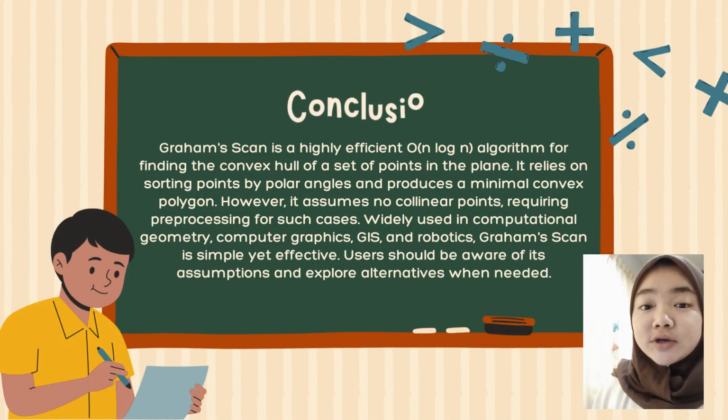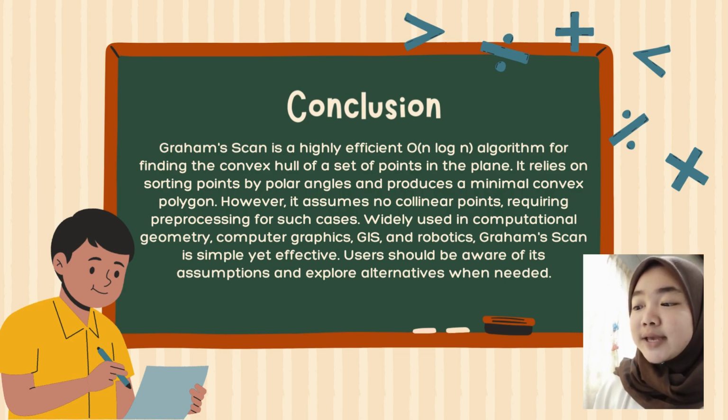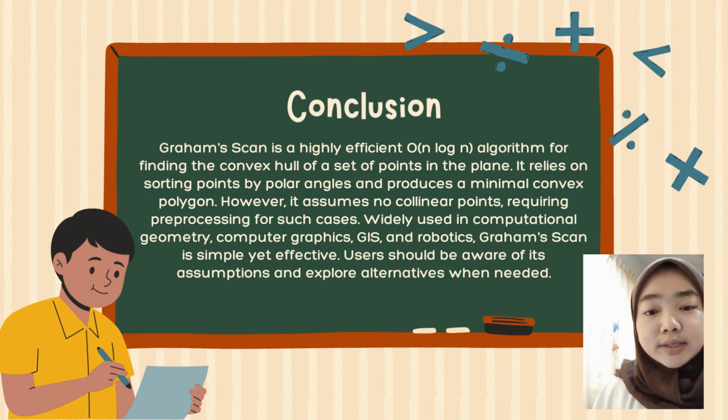The conclusion of Graham Scan. Graham Scan is a highly efficient algorithm for finding the convex hull of a set of points in the plane. It relies on sorting points by polar angle and produces a minimal convex polygon.